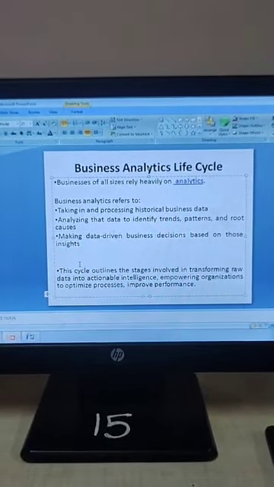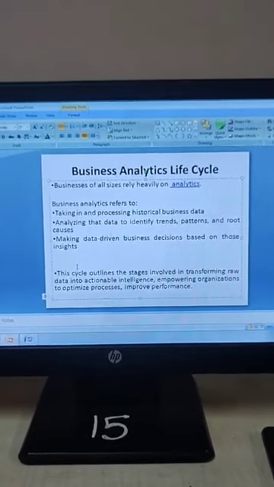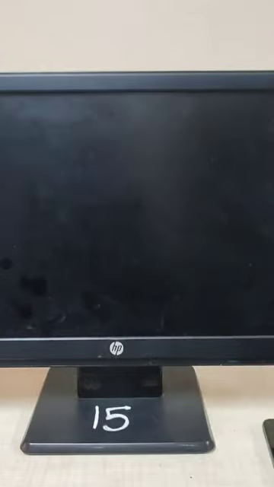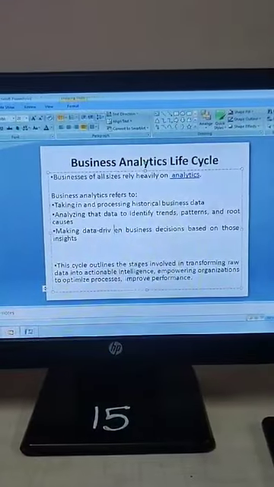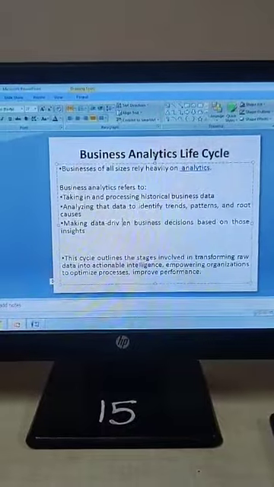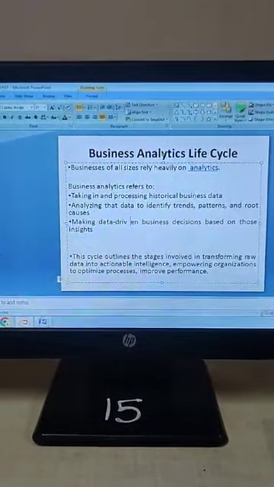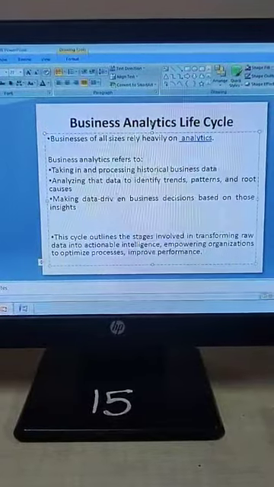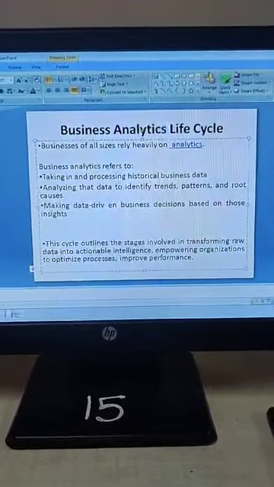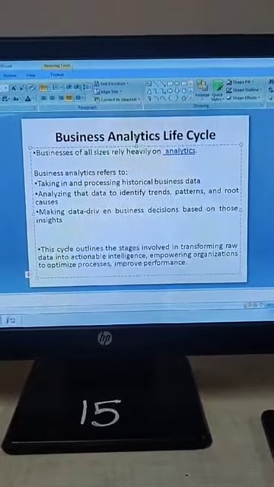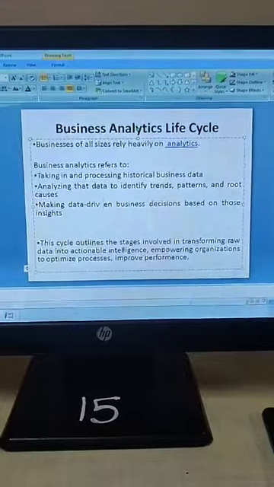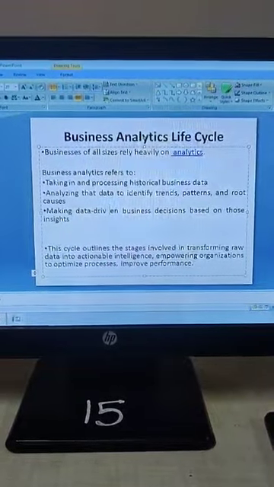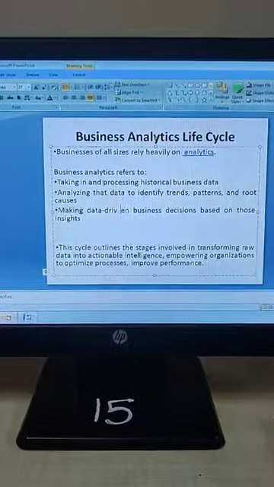Here, the process of binding those data, binding means integrating data from multiple sources together, to extract valuable insight and to guide strategic decisions is encapsulated within a framework called the business analytics life cycle.